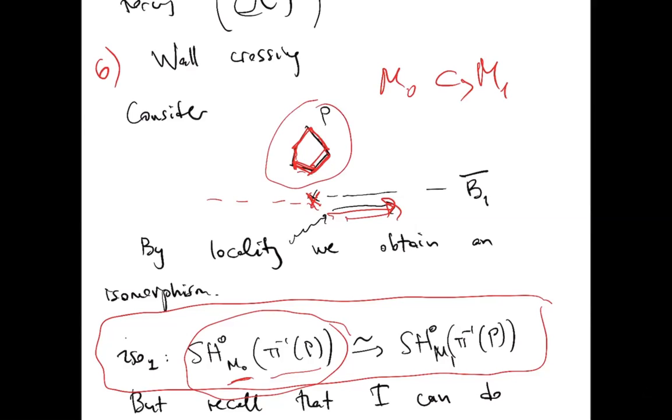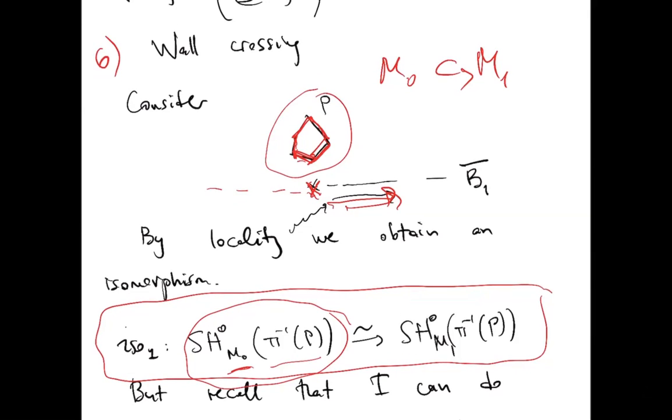This is a particular case of these embeddings where I have to exhaust M0 and then move the array a little, do a movement of worms, embed some portion of it, move it more, embed a bigger portion of it, etc. So that tells me that for this particular embedding of M0, I obtain an isomorphism using my locality result that I mentioned.